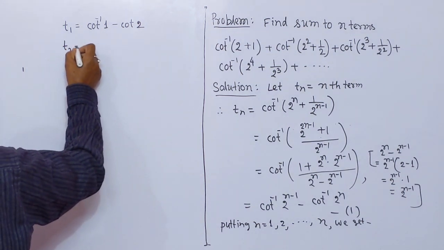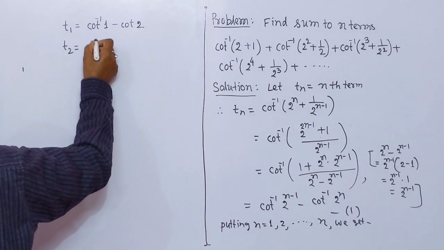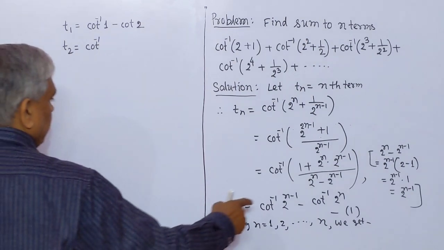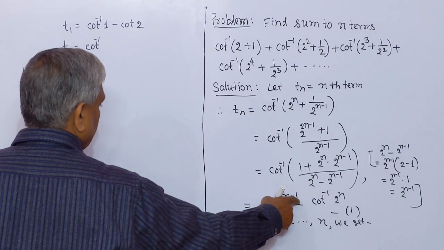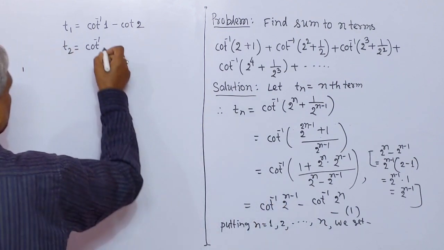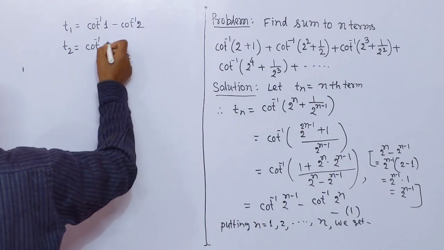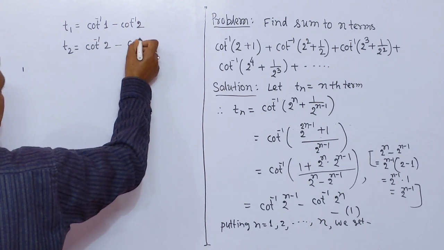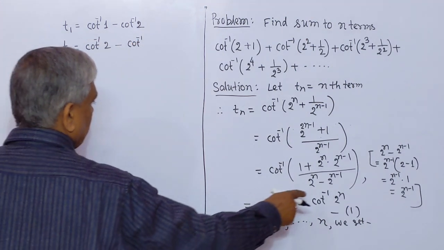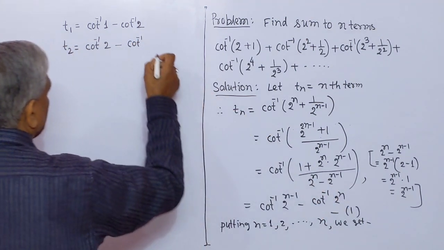T2 equal to cot inverse, here in place of n 2, 2 minus 1 is 1, cot inverse 2 minus cot inverse, n equal to 2, 2 square.